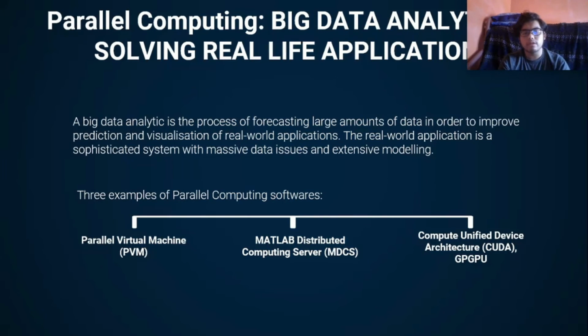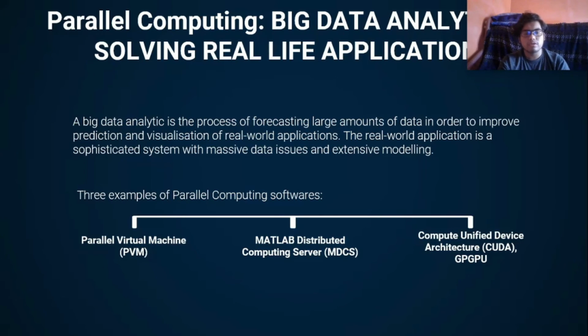The goal of mathematical modeling is to make it simple to understand and recognize a system, as well as to find the best solution for predicting the pattern of the real-world application. As a result, parallel computing is the most efficient technique to solve a mathematical model using numerical schemes including massive sparse matrices and big data analytics.